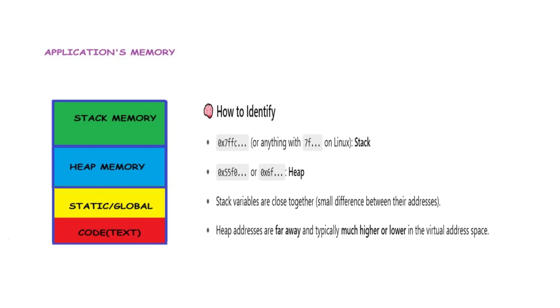The signal for the fact that an object lies on the stack section of memory is that the address, when we dereference it, has a value starting with 0x7ffc, whereas the address associated with the heap section of memory is going to be lower, which is 0x55f or 0x6f.